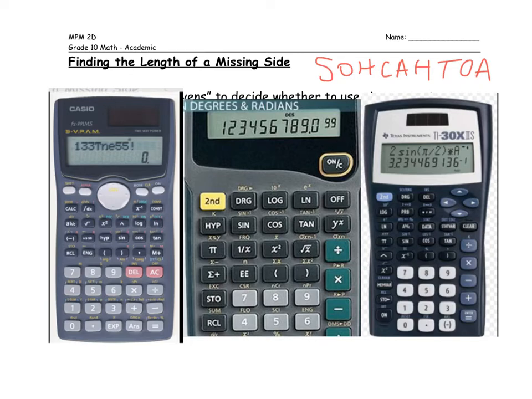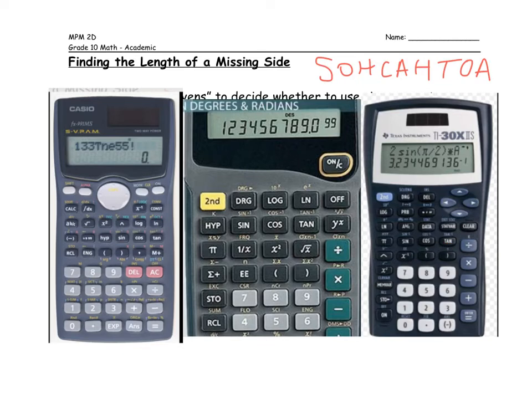Before we start trying to solve for these sides using the sine, cos, and tan buttons, first locate the sine, cos, and tan buttons. So if your calculator looks like this one, there are your sine, cos, and tan buttons. Sine, cos, and tan again. And over here, sine, cos, and tan. There they are. So first of all, locate those.